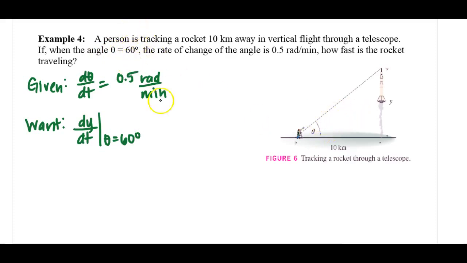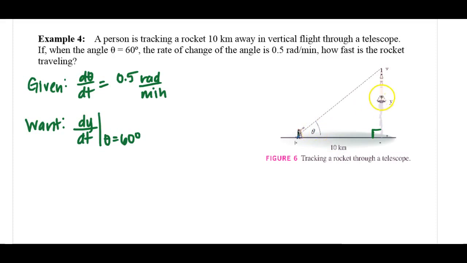Now I need a way to relate the variables. The variables are theta and y, theta being the angle and y being this distance here. Notice I was also given that the distance from the man to the base of the rocket was 10. So I have an angle, its opposite side, because this forms a right triangle, and its adjacent side.